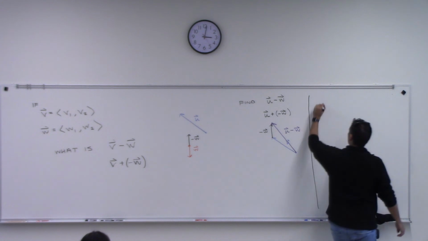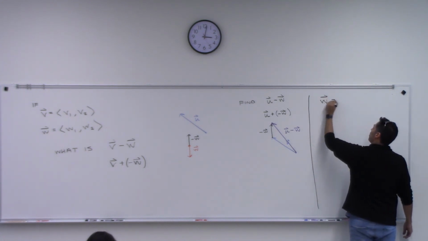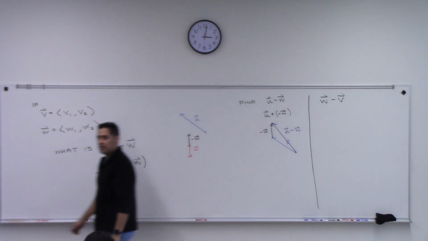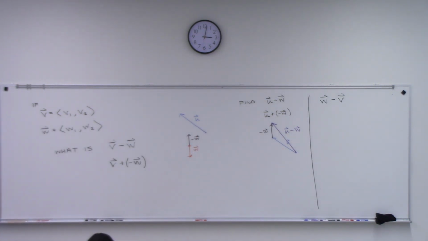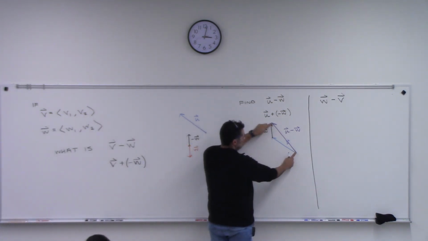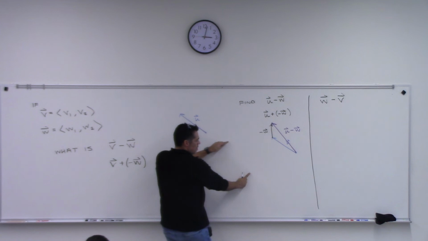All right, new question. What's w minus v? Yes, question. Does it matter, as far as when we draw the connecting piece, equivalent to the pencil line we made, where we start our tail and tip from? Like, could you draw it over here?